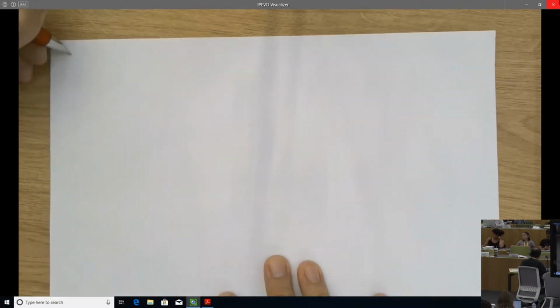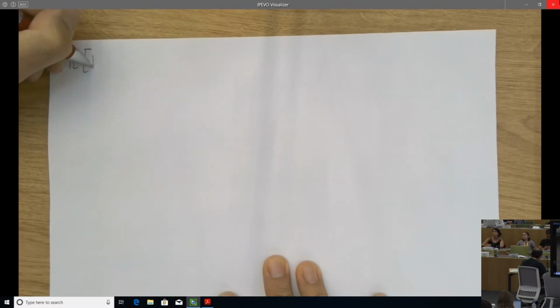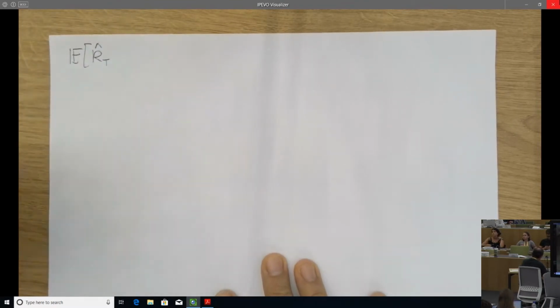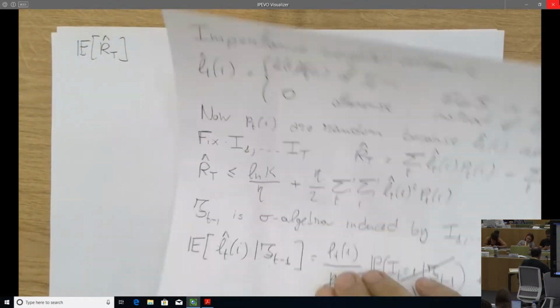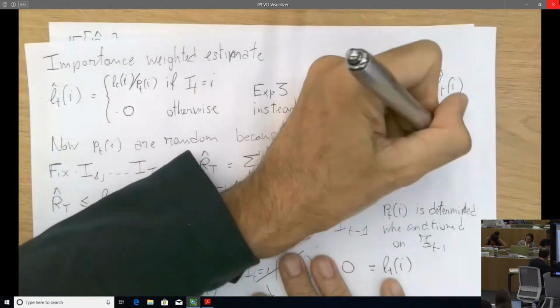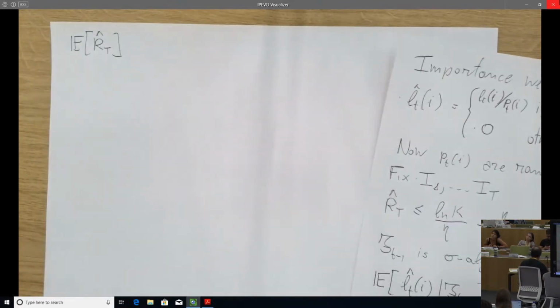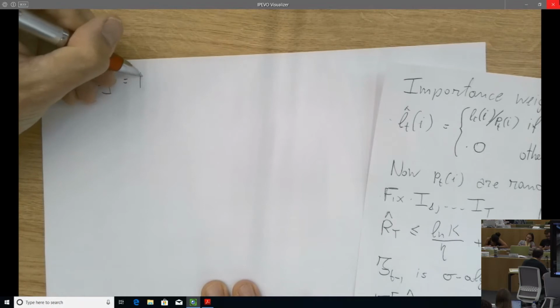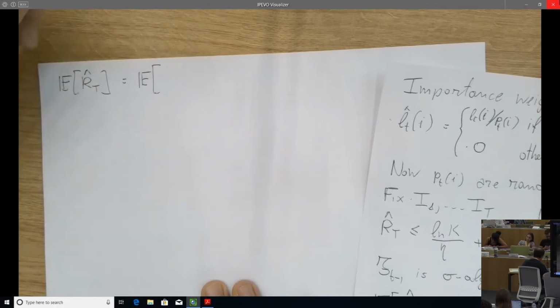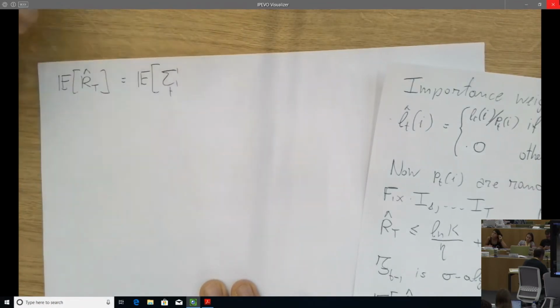Okay, so now let's see what I can do. For instance, I can compute the expectation of this quantity, the R T hat defined here. So this is going to be the expectation of the sum over t.